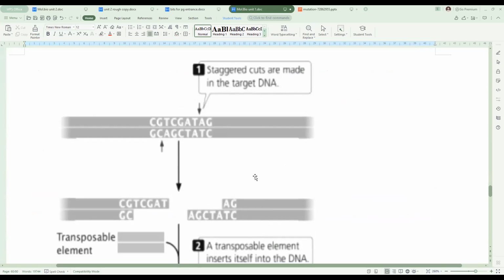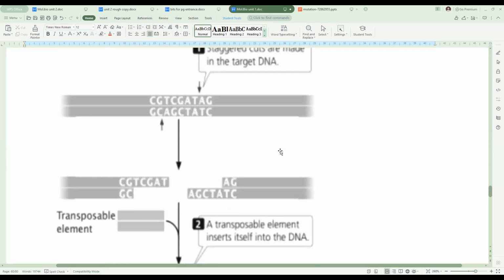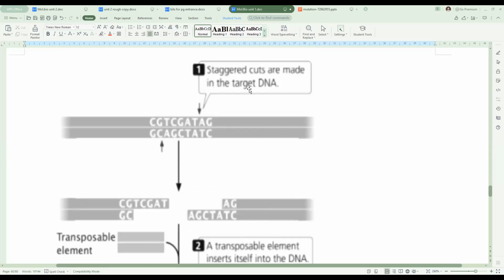Okay. So just now I told you this direct repeat is formed as a process of transposition, right? So let us see how the sequence is moving. So suppose this is the transposon. This is the sequence where the transposon has to come. Okay. So in this sequence, staggered cuts are made.